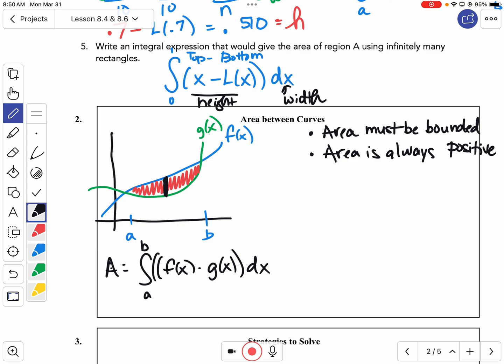Now, why does it work that we can do top minus bottom to get the height of the region that we want? Okay? If we think about just the area, the integral from a to b of f of x, how much area does that cover? Yeah, it covers all of that, okay?